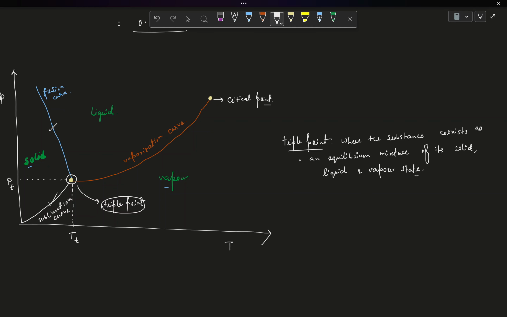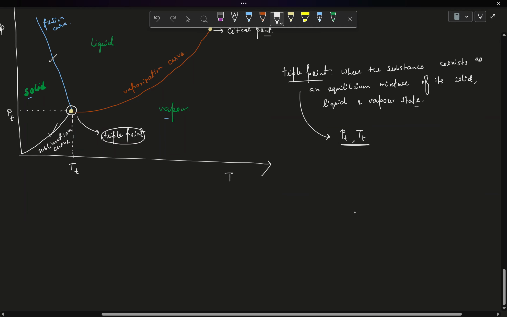This is the triple point, and it is defined like that: it has a particular pressure Pt and a particular temperature Tt. So these are the triple point definition parameters mainly.